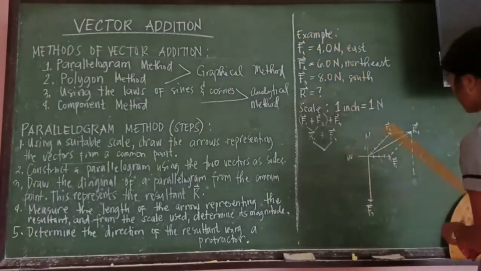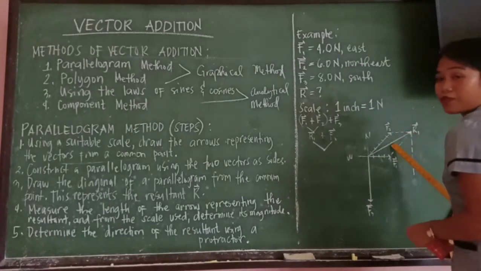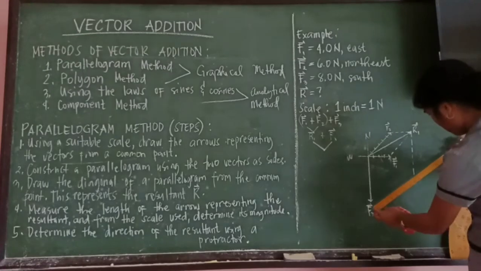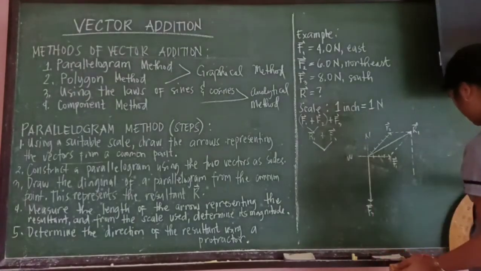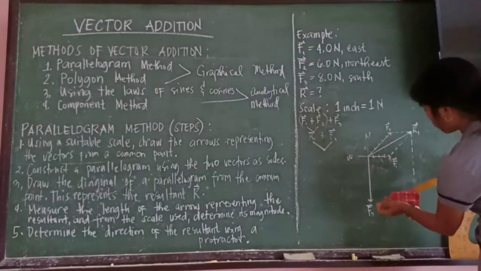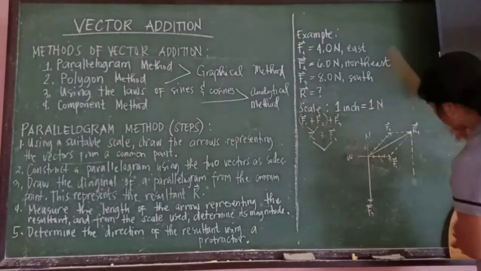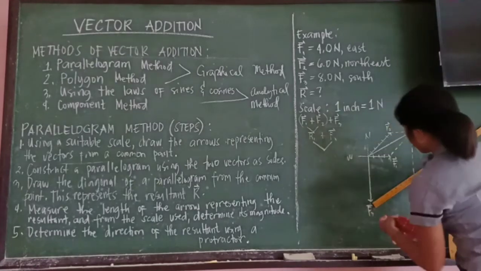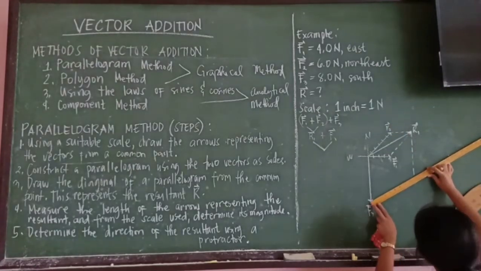Okay, next is the identical and opposite line of r sub 1. I'm going to draw this directly and figure out the direction, the angle later.